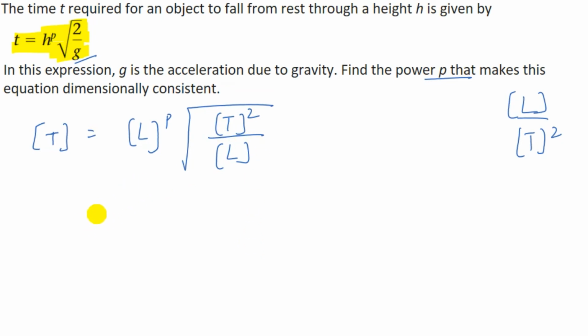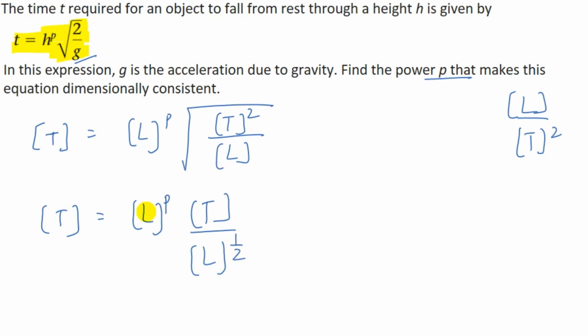Now it will be equal to, t as it is, L to the power p as it is. Now this would become t, and here it would become L to the power 1 over 2. L has power p, and here it has power 1 by 2, so on simplification we can write this as p minus 1 over 2.